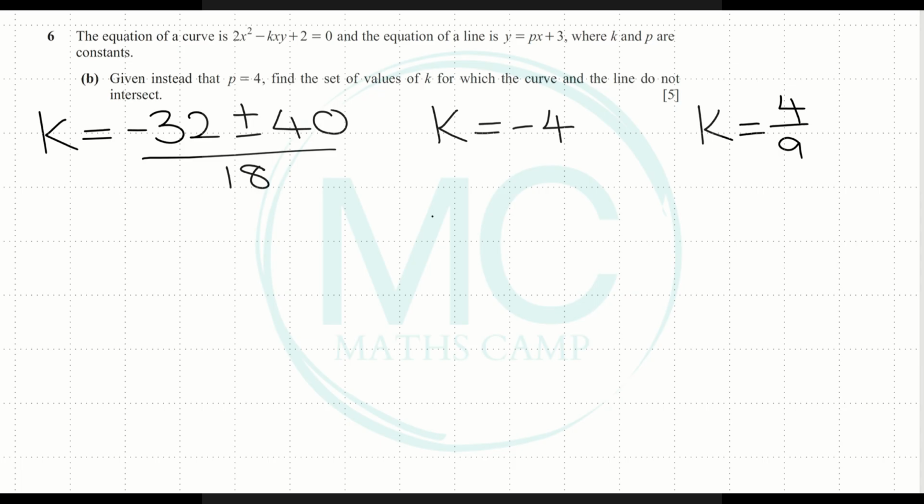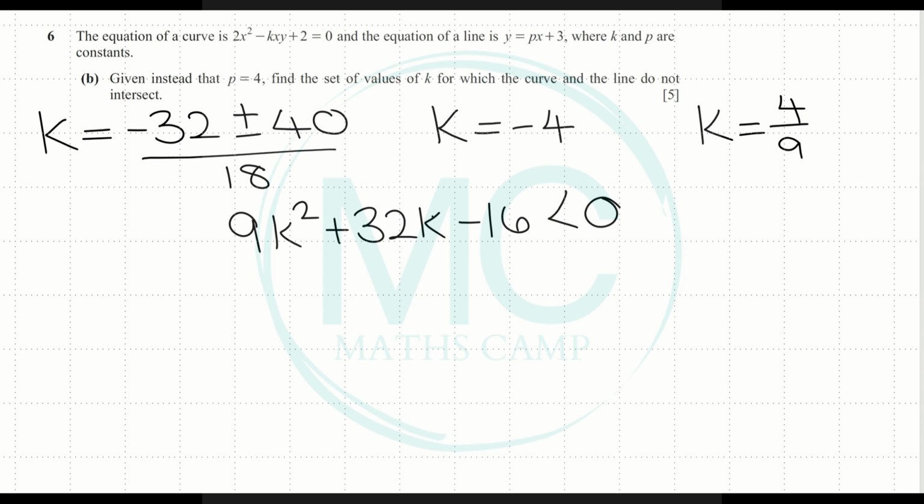So let's rewrite the equation for the discriminant. We have 9k squared plus 32k minus 16. And we need values of k that make this negative. So we need to find a value that makes the equation negative.